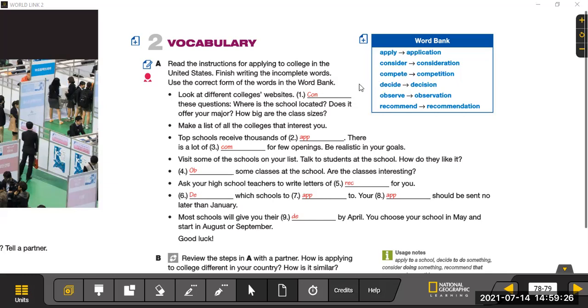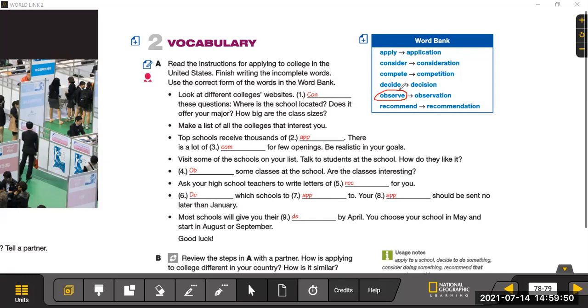Observe. Okay. In this case, when we say observe, it can be to evaluate something. Okay, when you look at something very carefully, it is observe. Okay, it's not only looking, right?